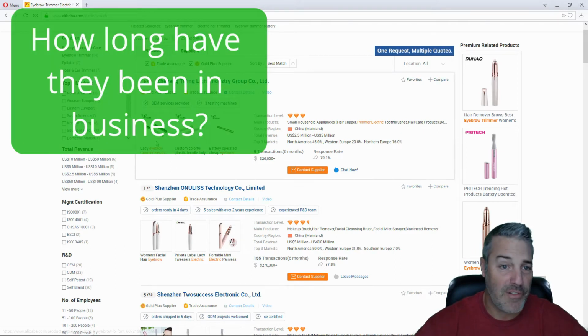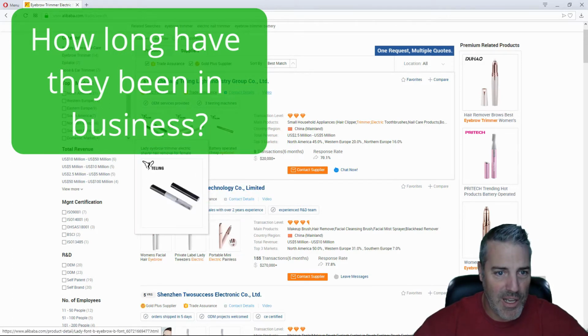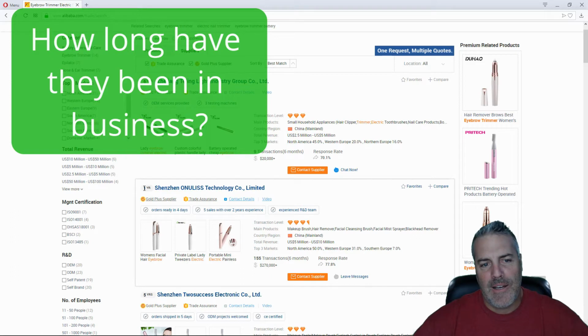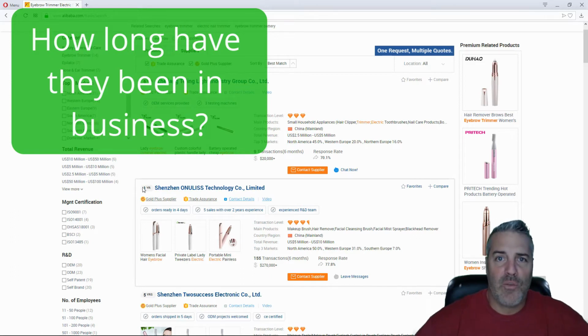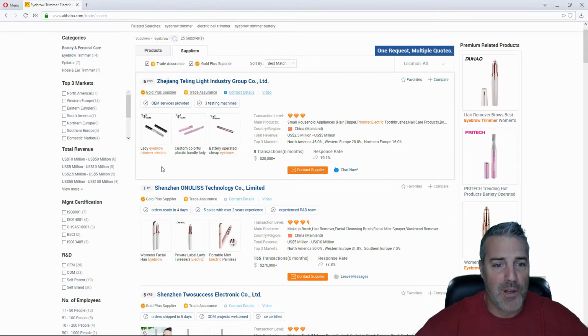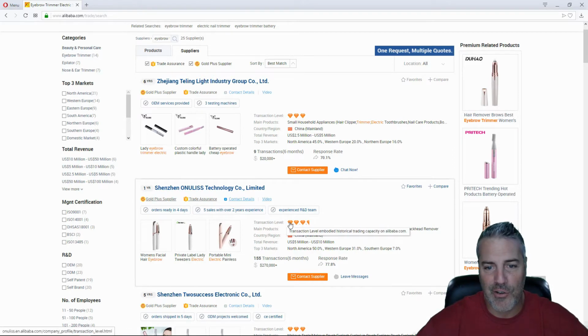This one is 1 year. This isn't even the product that I'm looking at. But this one is 1 year. I don't count out those that are only 1 year, but as a general rule of thumb, the longer they've been in business, the better. But if they've been in business for 1 year, I certainly look at other credentials, other metrics.